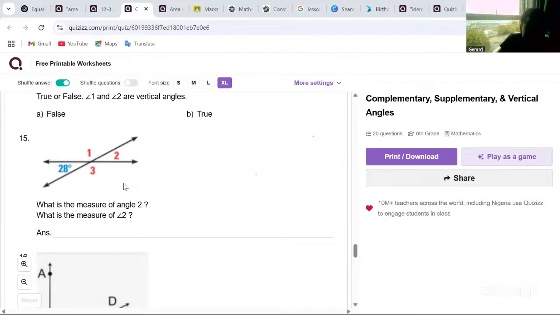Okay, because of our time, we need to round up. Chimamanda, what will angle 2 be? Remember, vertically opposite angles.